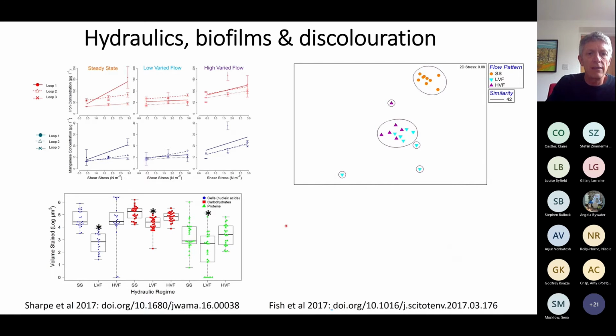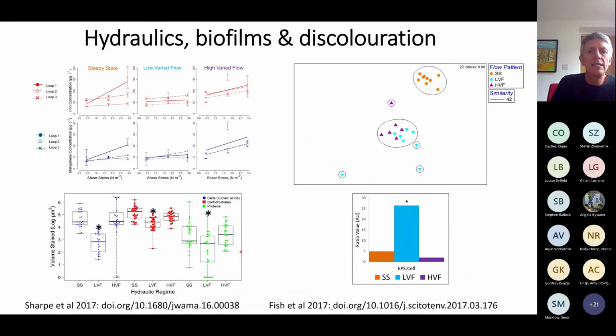When we then looked at the cells in blue, the carbohydrates and the protein, again, they're a little bit different across these conditions. But actually, the reason we were getting least discoloration risk from the low varied flow is that it had by far the highest ratio of that non-cellular material. So the carbohydrates and the protein combined, that was in turn giving strength to the biofilm, letting it attach well to the wall.